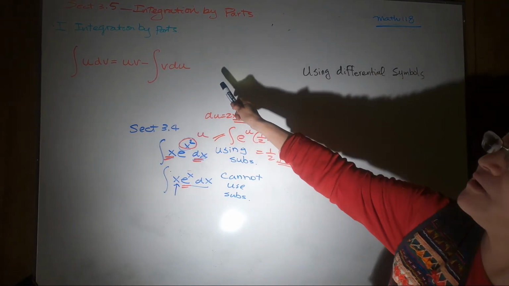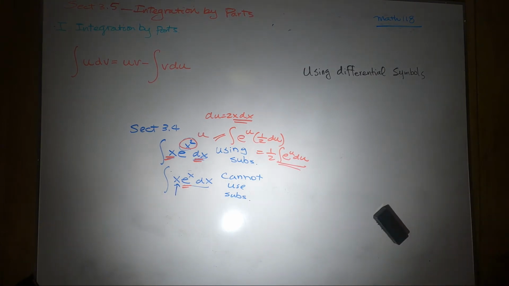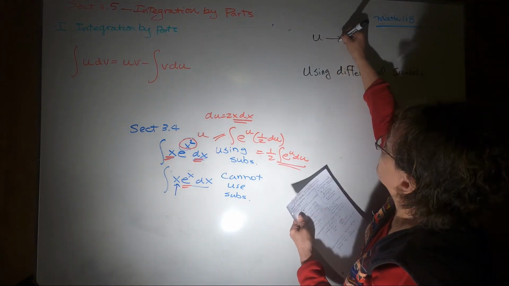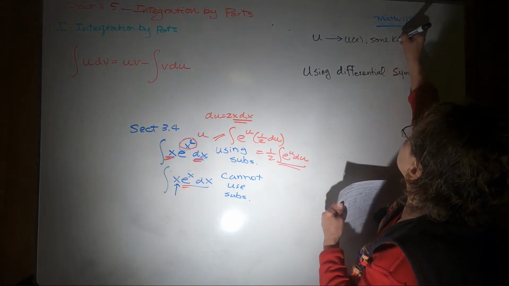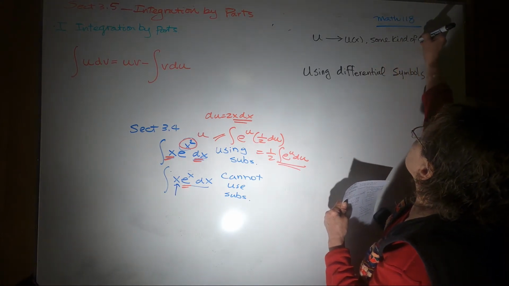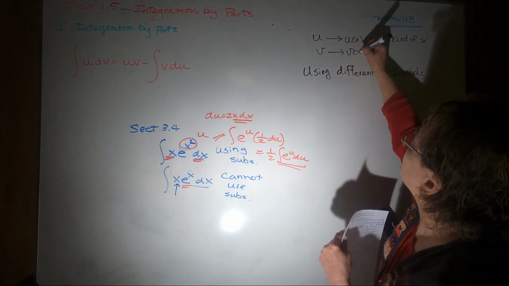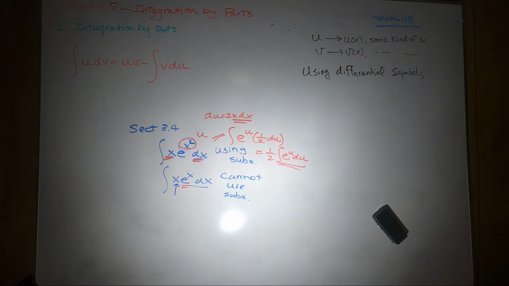But for this one, we have to use two parts, u and v. Okay, so we have u. u means what? u of x, some kind of x, right? Then v is what? v of x is some kind of x. Then how are we going to use the differential symbol?